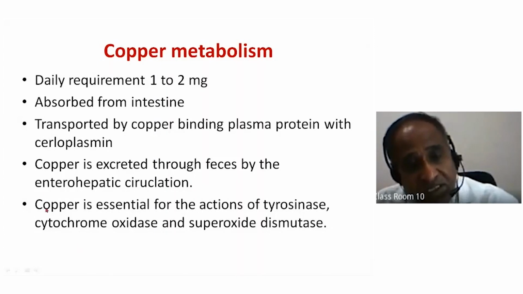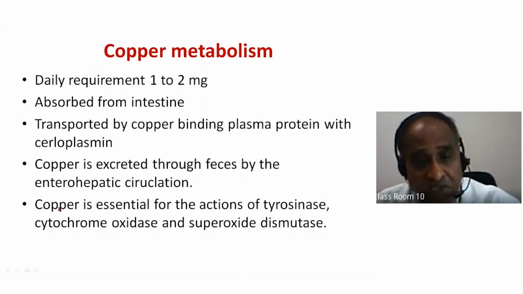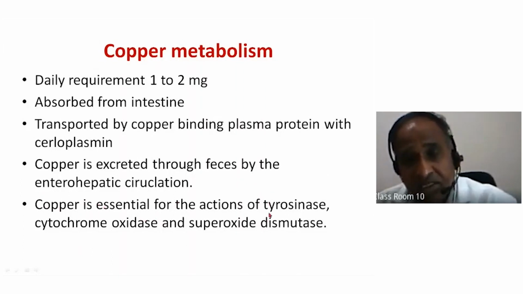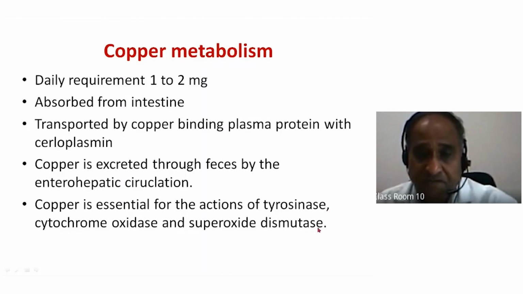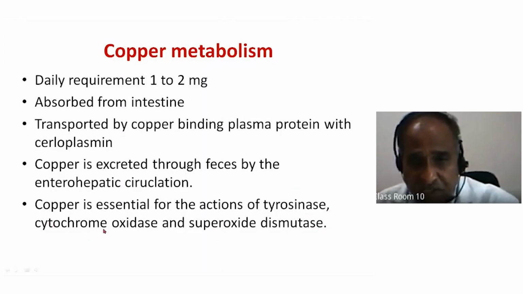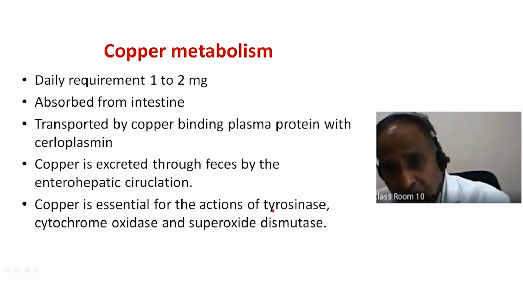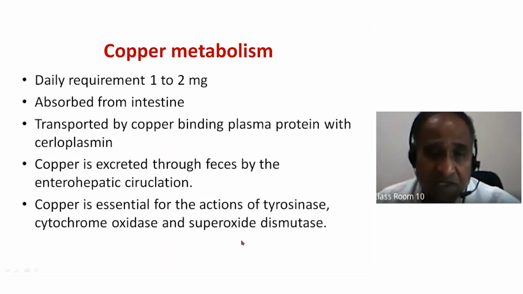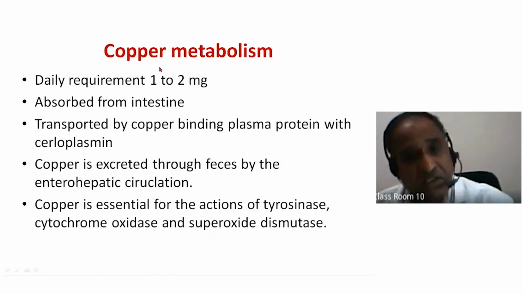Now, what is the essentiality, or what is the function of copper in our body? Copper is essential for the actions of the enzymes tyrosinase, cytochrome oxidase, and superoxide dismutase. Tyrosinase is for neurotransmitters. The cytochrome oxidase and superoxide dismutase are the mitochondrial enzymes. So this is where copper is very much required.